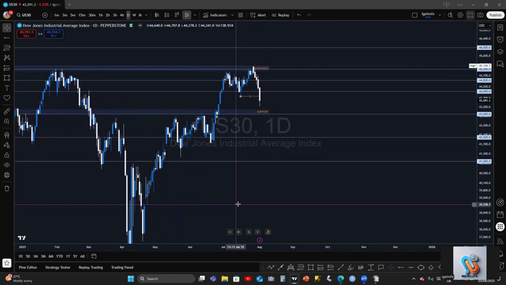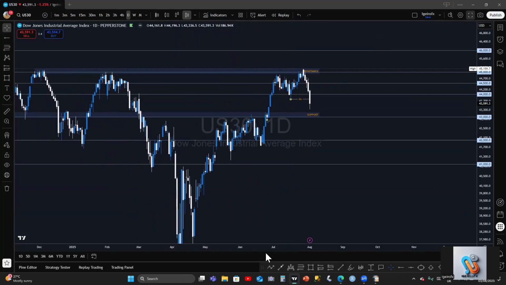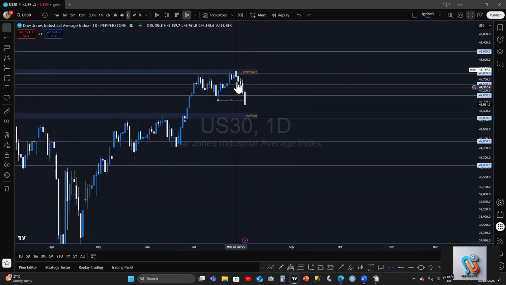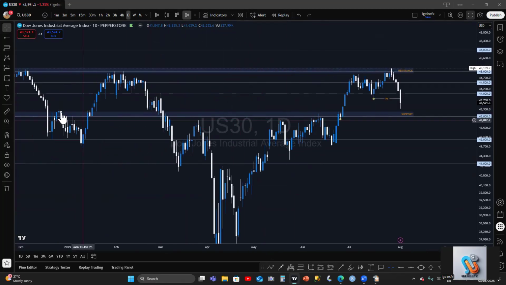So what happened? Price pushed to the upside and it came down, breaking this level, violating this level. So that gives us a market shift. And at this point, the price is currently dropping into a support level, an obvious support level.